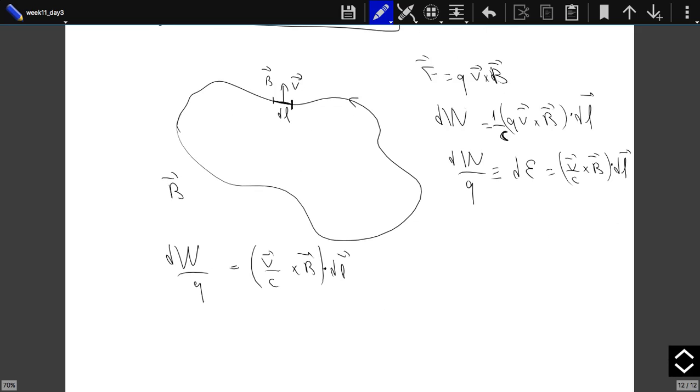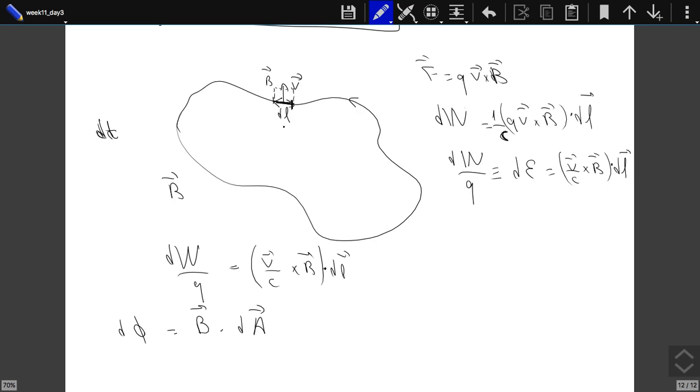So let's say we wait a time dt. In a time dt, this segment will move this much. The change in flux will be, let's say, the B field at that point times dA. This is my dl.